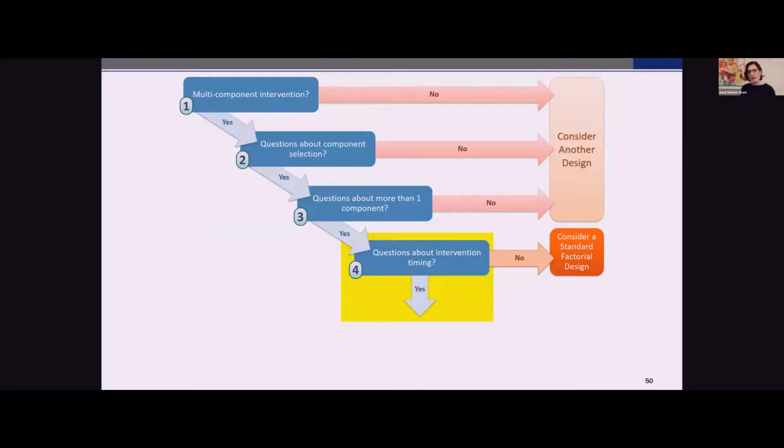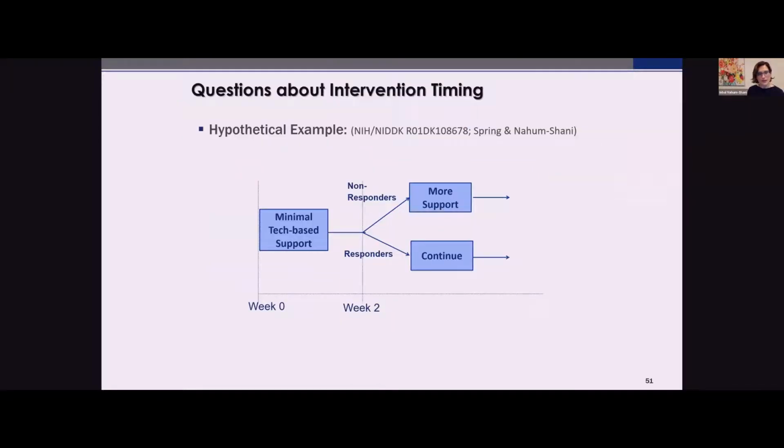I have scientific questions about the timing of intervention components. And to do that, I want to go back to another example from Bonnie Spring's study, where again, the goal was to develop an intervention to support weight loss. And this intervention was supposed to use technology to facilitate weight loss.